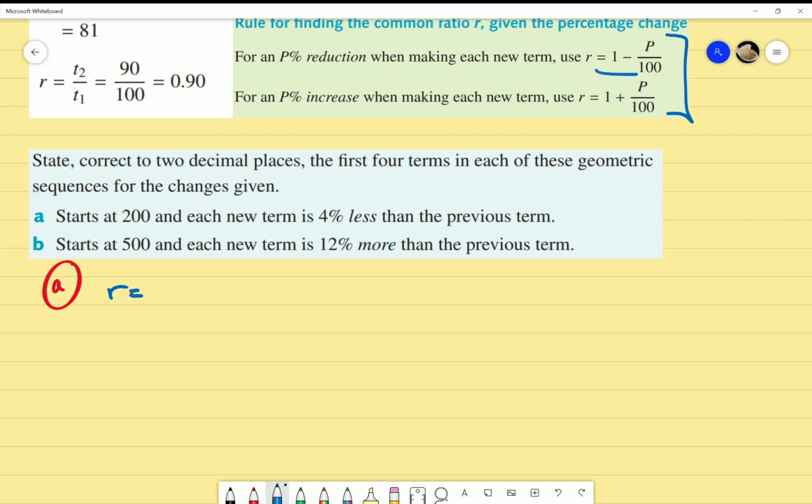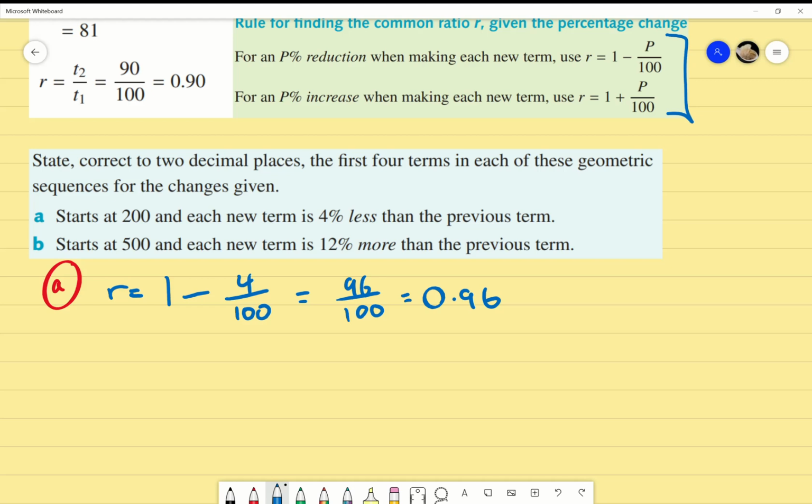And which one do I use, the top one or the bottom one? Top one, good, because it's going less. So 1 minus. Now instead of writing P, I know P% is going to be 4. So it's 4 over 100, which gives me 96 over 100. You can just chuck this in the calculator, by the way, which gives us 0.96.